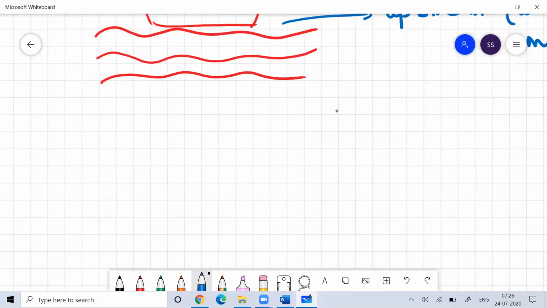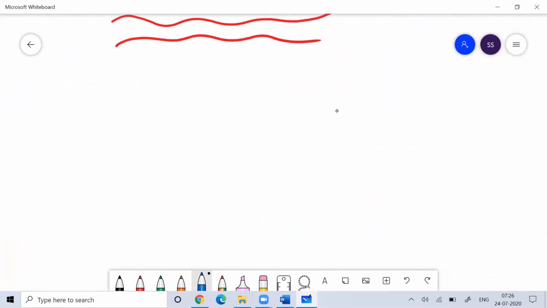Now, going further, let's discuss the concept of boat and stream, where I'll talk in terms of two objects: one is the boat, and the other is water.